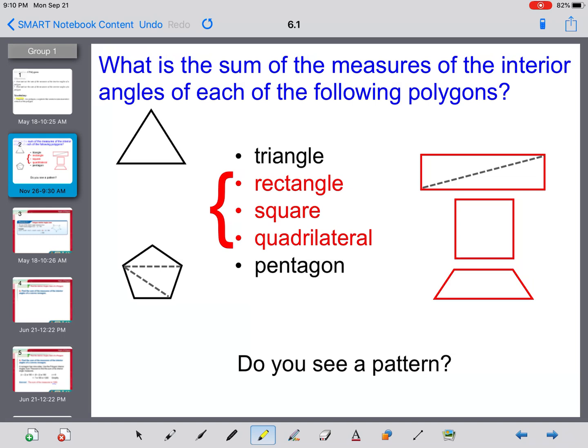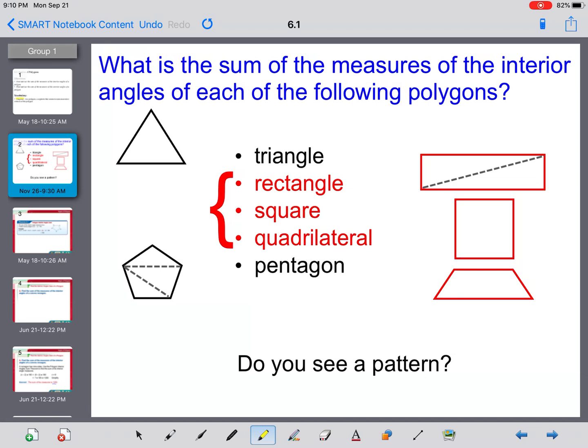Think about with me, because I always want this stuff to make sense to you and not just be memorized stuff, the idea of a triangle, rectangle, square, quadrilateral. Really, they're all quadrilaterals.